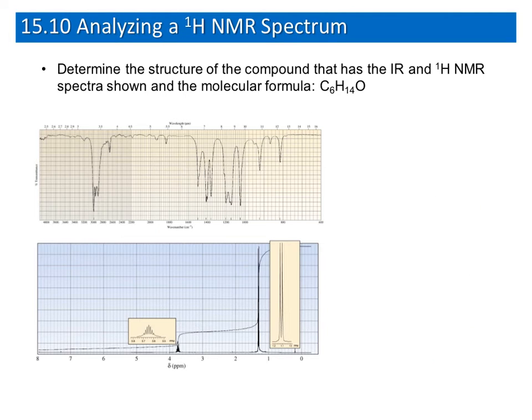In the next example, we have a molecular formula, IR and hydrogen NMR. The hydrogen NMR is plotted on graph paper. This type of plotting was very common in the past and with old instruments, but we can use the graph paper to find the integration for each signal. Each of these squares or sections or units can be considered as a 1.